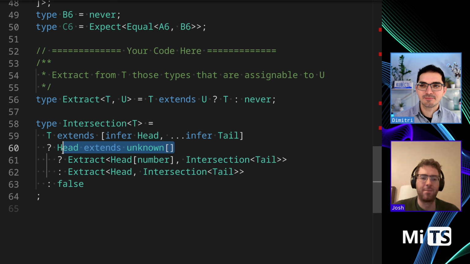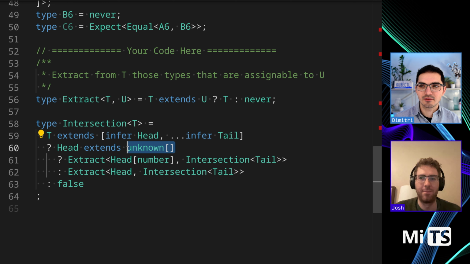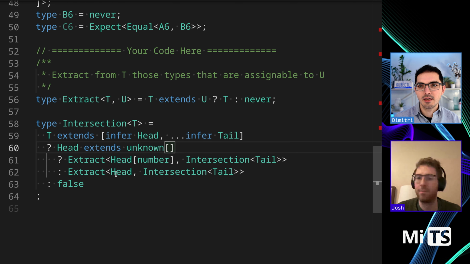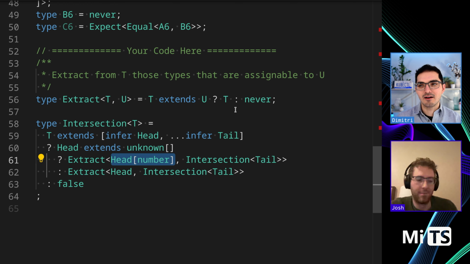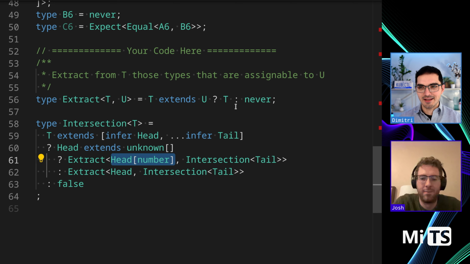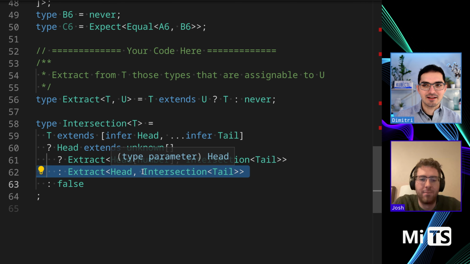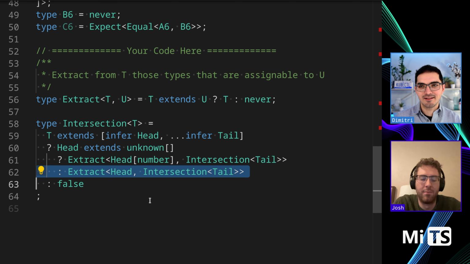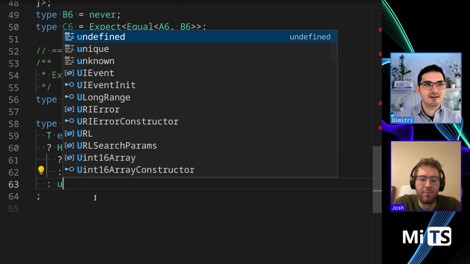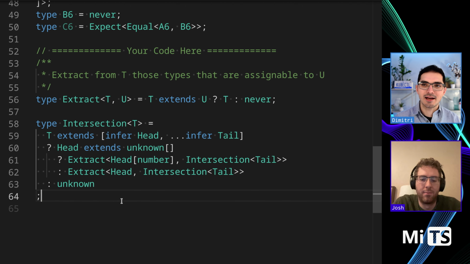So if head is an array, if head is a tuple, then we want to get a union of all of the members of the tuple, and the way to do that is to index it with number. But if it's already a union, then we can just keep moving. I think this will work to just put unknown there. And that's it.